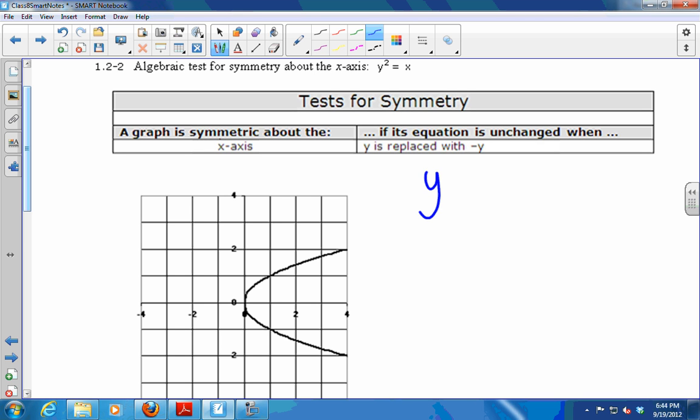Start by writing down the equation, and the algebraic test says replace y with negative y. So instead of a y here, I'm going to put a negative y. But what is negative y squared? It's just y squared, right? Because when you square a negative, it becomes positive, because negative y times negative y is going to be positive y squared.